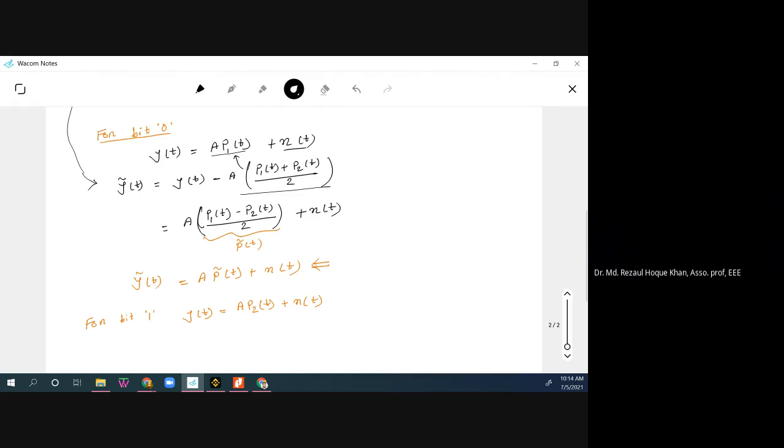Again we do the same process. So y tilde(t) will be y(t) minus a times (p1(t) plus p2(t)) divided by 2.